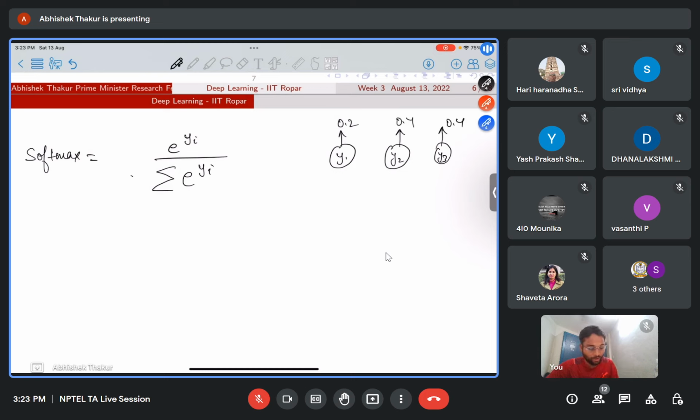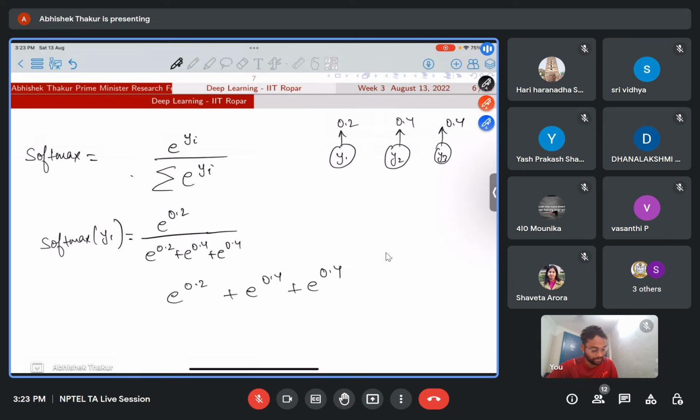What will be the summation of all the values here? Softmax of y1 is e to the power 0.2 divided by e to the power 0.2 plus e to the power 0.4 plus e to the power 0.4.